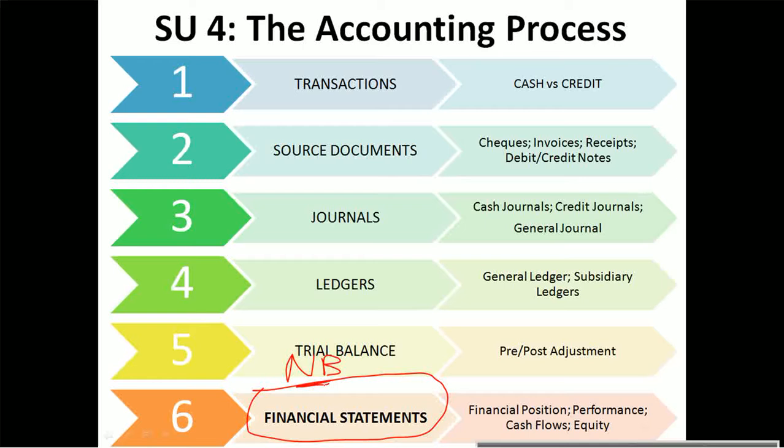In 1501, you probably remember you did quite a lot of journals and ledgers, and the trial balance was something you even had to draw up in one of the old past papers. In this module, you're going to be given the blank financial statement templates, and then you are going to have to create them based on the information given in the trial balance.